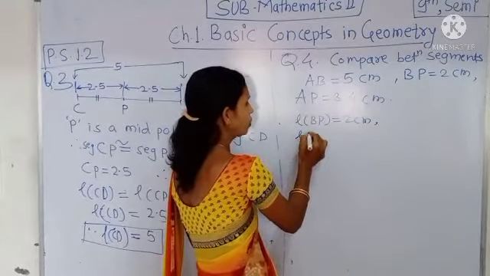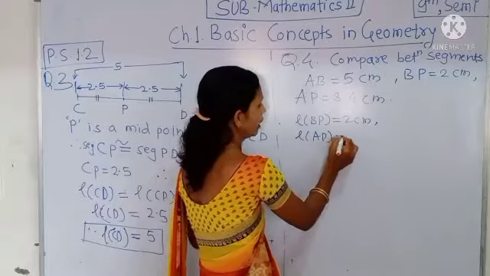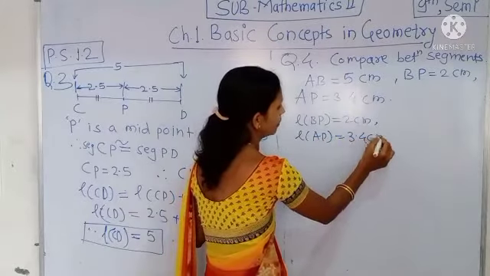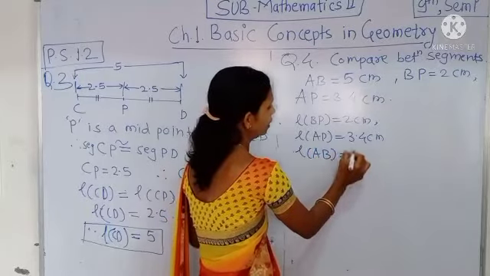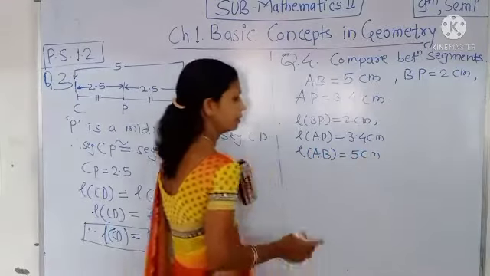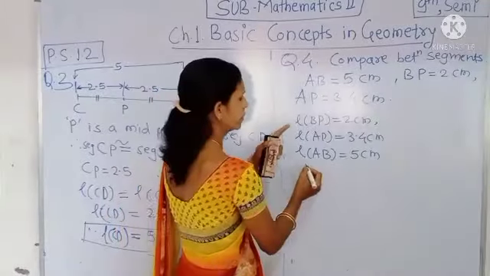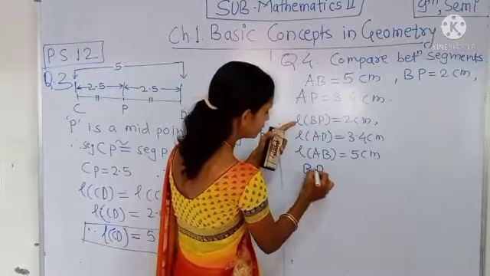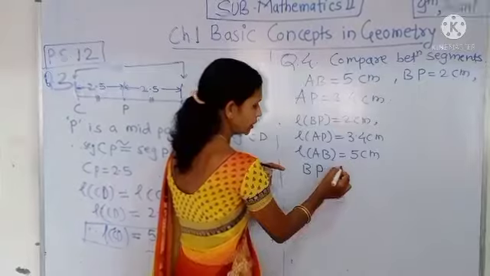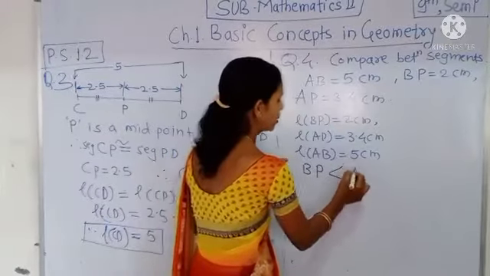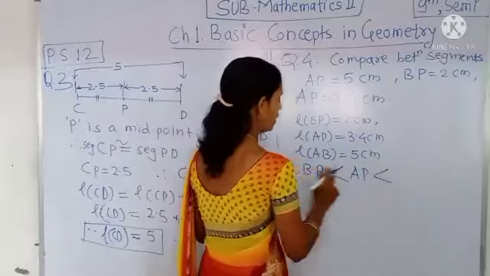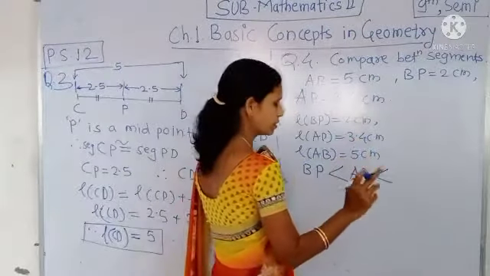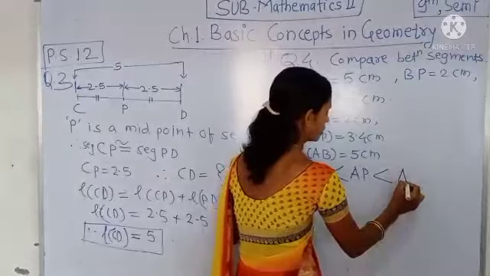Then length of AP is 3.4 centimeter. And length of AB is 5 centimeter. Therefore BP is the smaller segment, then AP is greater than BP, and AB is the biggest segment.